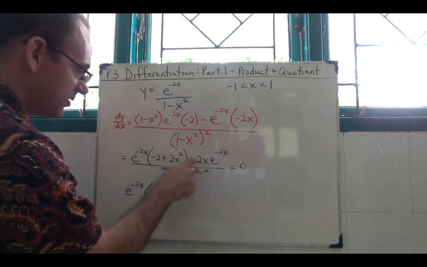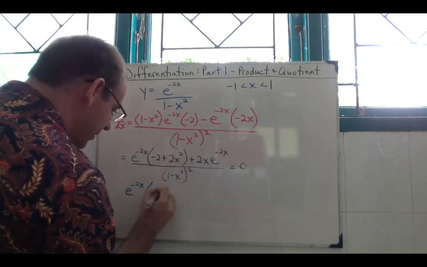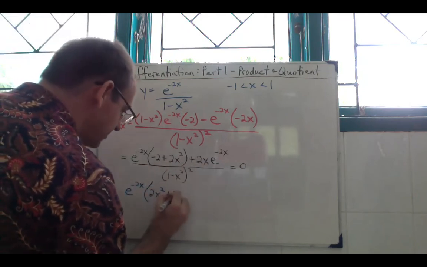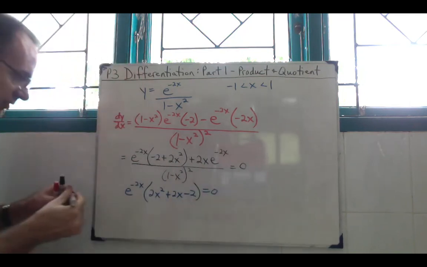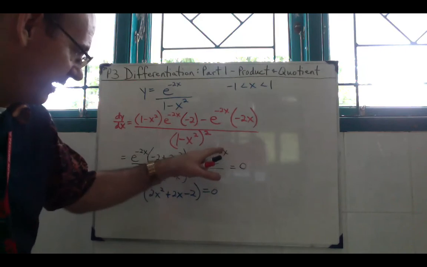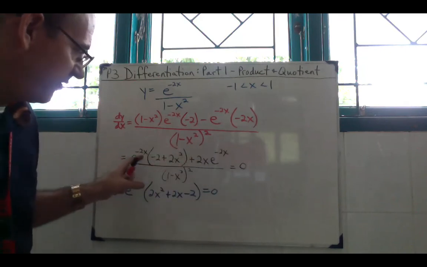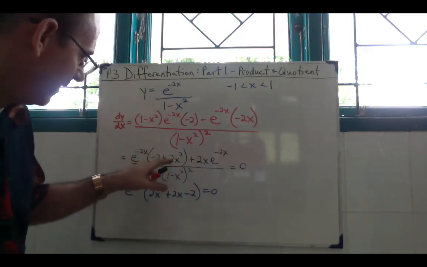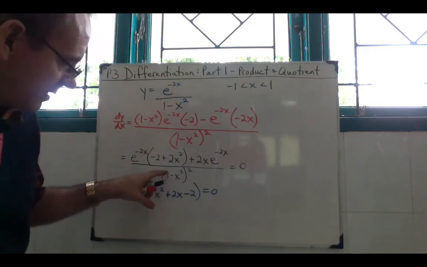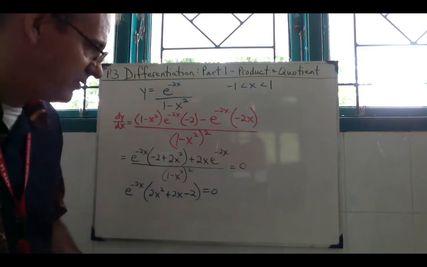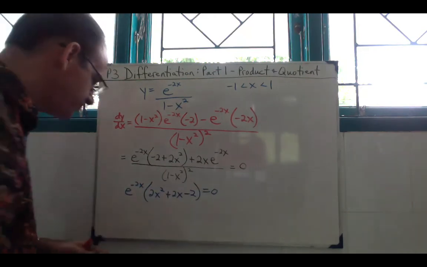And that's going to leave us 2x squared plus 2x minus 2 equals 0. This denominator just multiplies into the 0 and cancels out.